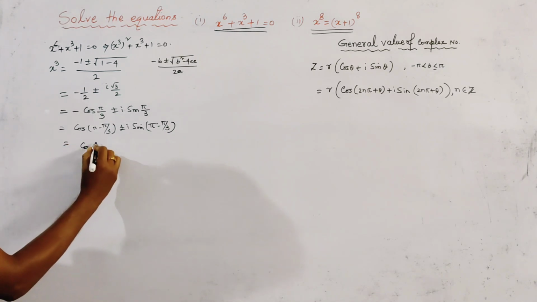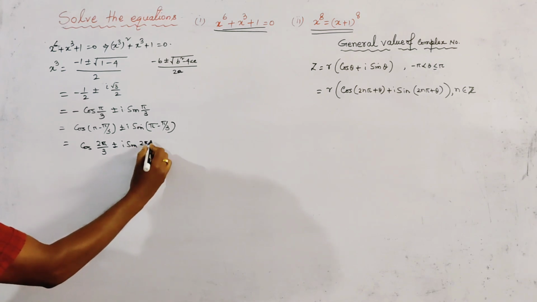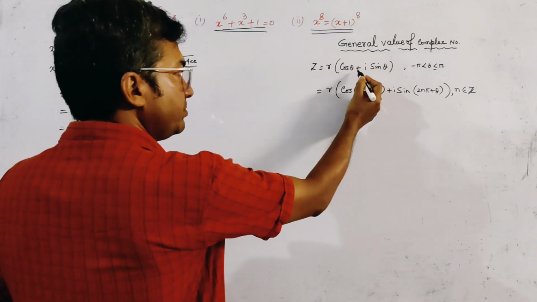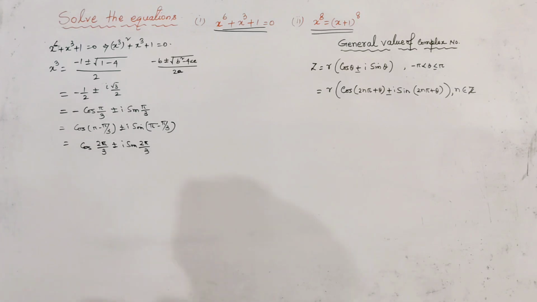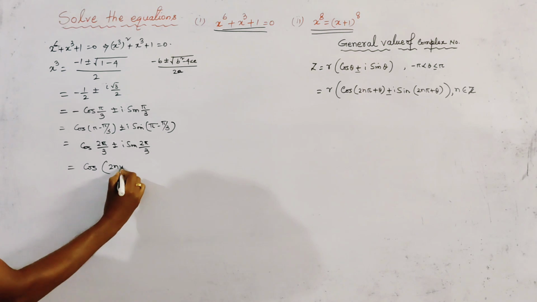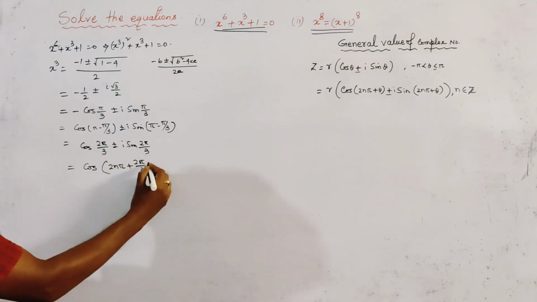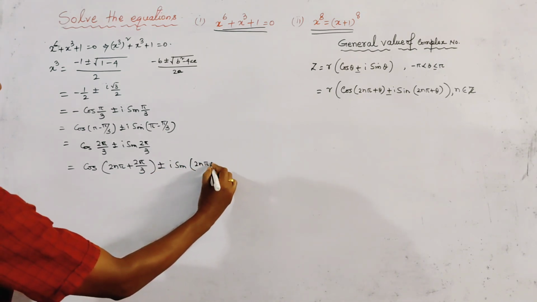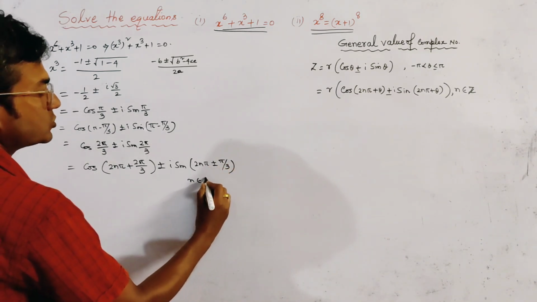So we get cos 2 pi by 3 plus minus i sin 2 pi by 3. Okay, and here if this is plus or minus, then it can be generalized by this result also. So we generalize the result as cos of (2n pi plus 2 pi by 3), here theta is 2 pi by 3, plus minus i into sin of (2n pi plus minus 2 pi by 3). Okay, and here we must write n belongs to Z.